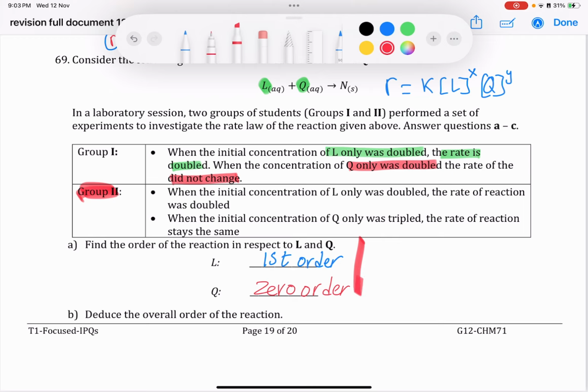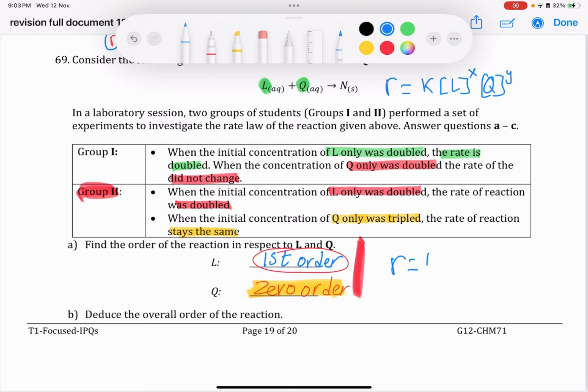When the initial concentration of L was doubled, the rate doubled. Yes, that's correct. So again, another indication that indeed L is first order. Now, when the initial concentration of Q was tripled, the rate stayed the same. So Q is 0 order.